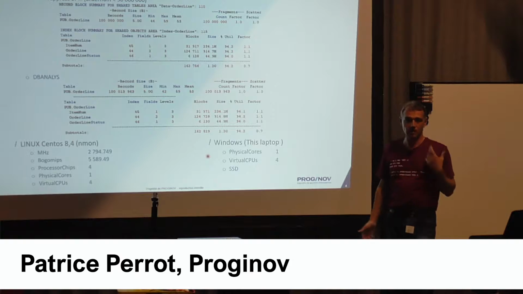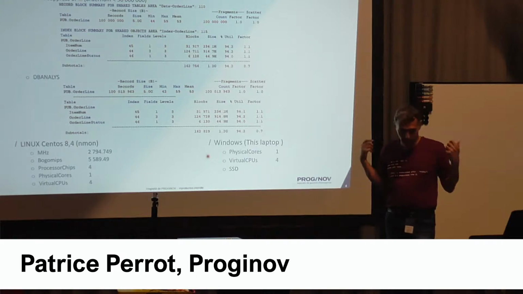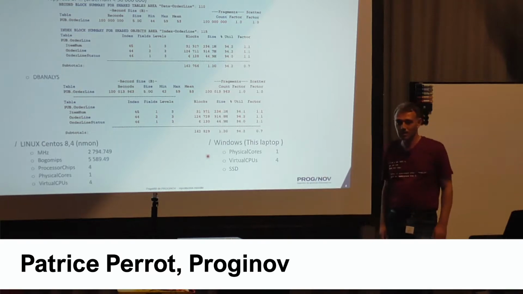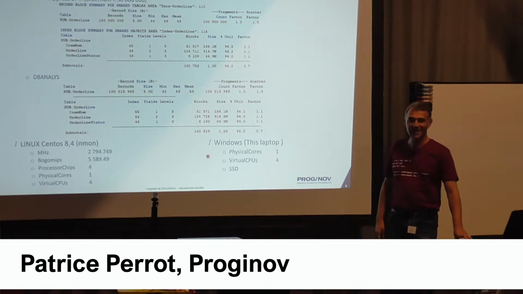Sometimes the times are more than three times bigger for the same option, the same set, a copy of the DB. I do the test three times, and the time varies a lot. So I prefer working on this laptop, which is more secure.